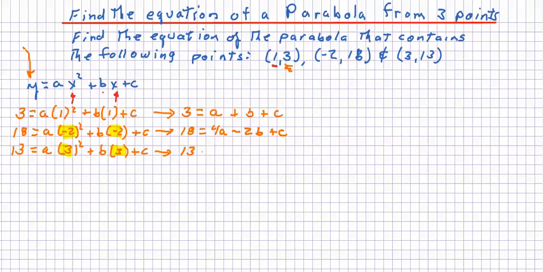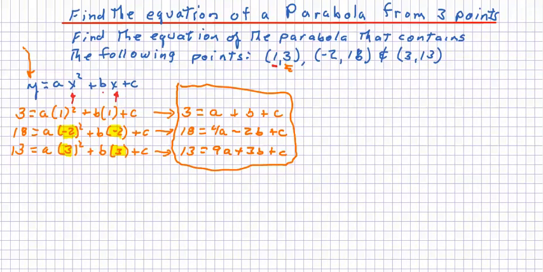We have 13 equals, 3 squared is 9, so 9a plus 3b plus c. Everything from here over to here, all this is exactly what we did at the end of last semester.